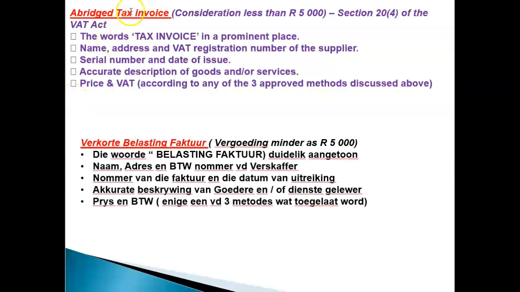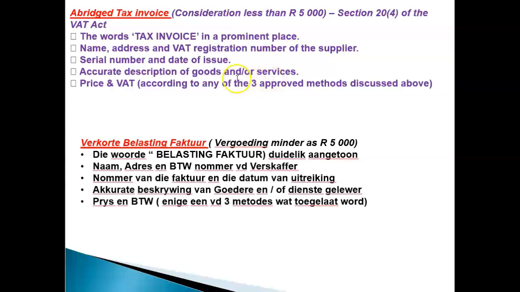You will see that the words tax invoice appear on that slip in a prominent place. You will see that the name, address, and VAT registration number of Pick n Pay, Spar, whoever, appears on that little slip. You will see that that slip has a pre-printed serial number, and a date of issue. You will see quite an accurate description of the goods that you've purchased.